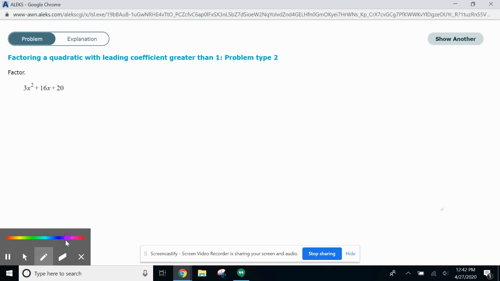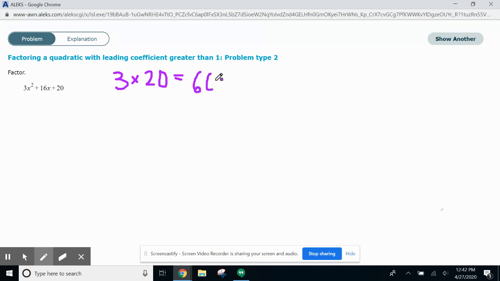So I know that 3 times 20 is going to be 60. And I know that my b is 16. So I needed something that multiplies to 60 and adds to 16. So let's make our table here.